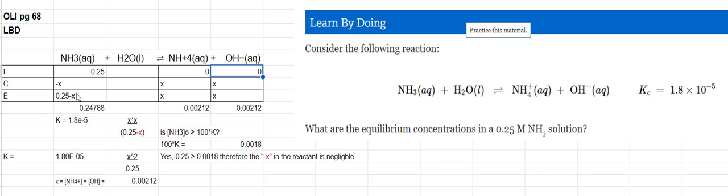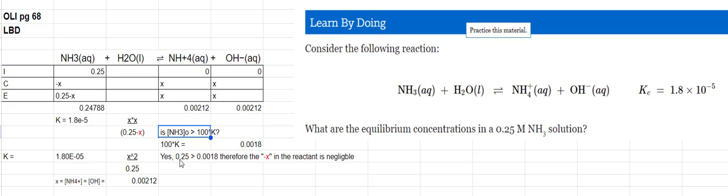Like this minus x will be pretty negligible compared to this initial amount. And this here is a way for you to help gauge if you could ignore this minus x. And that is if the initial concentration is greater than 100 times the equilibrium constant. If that's true, then you could ignore this minus x term.